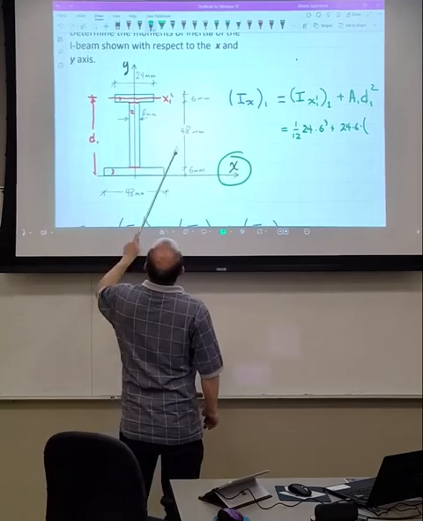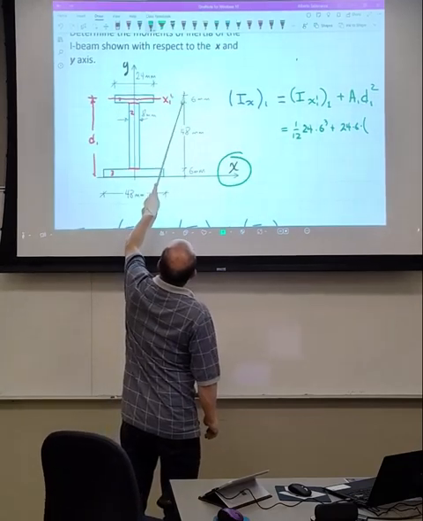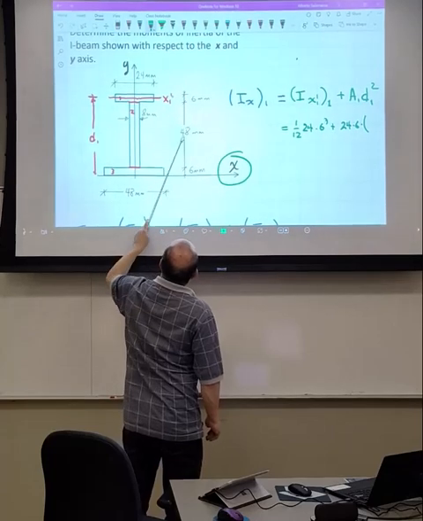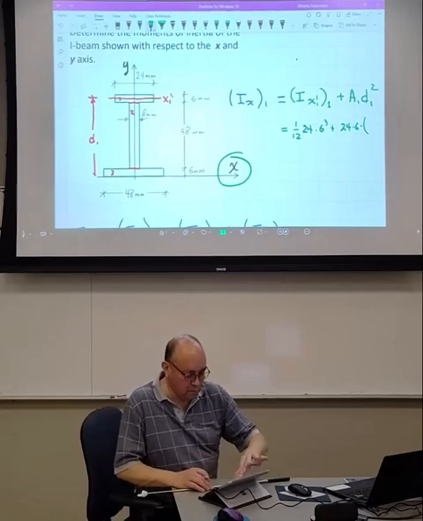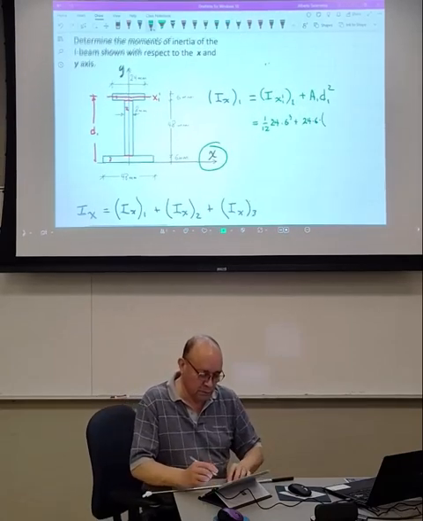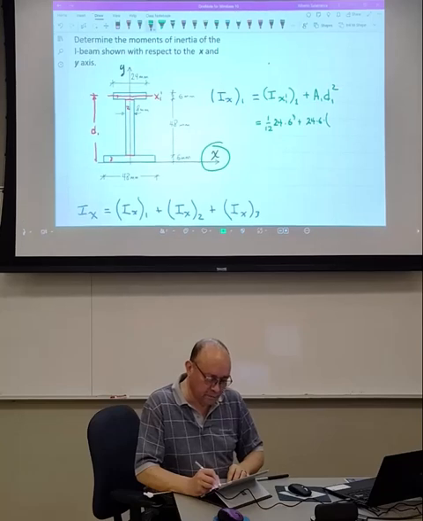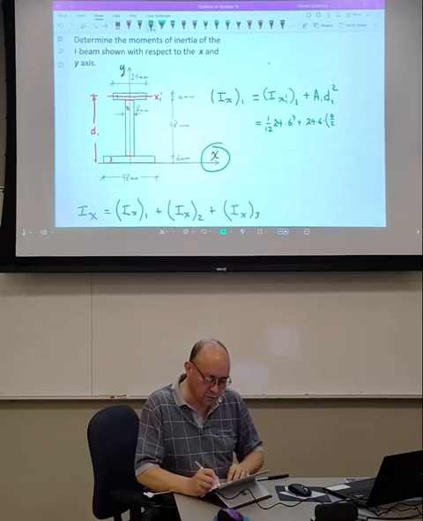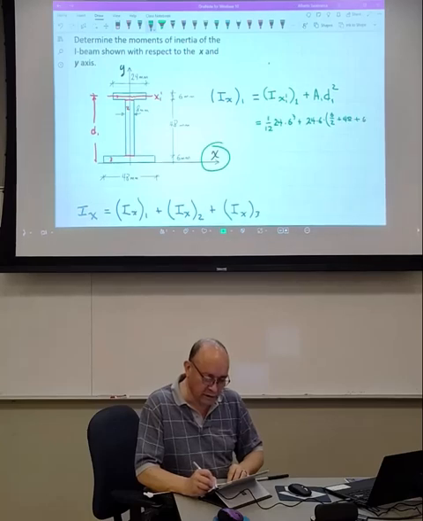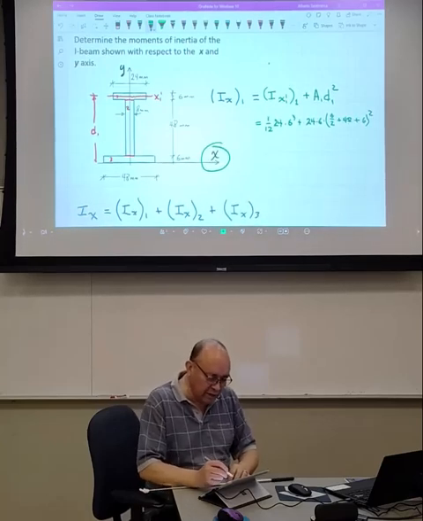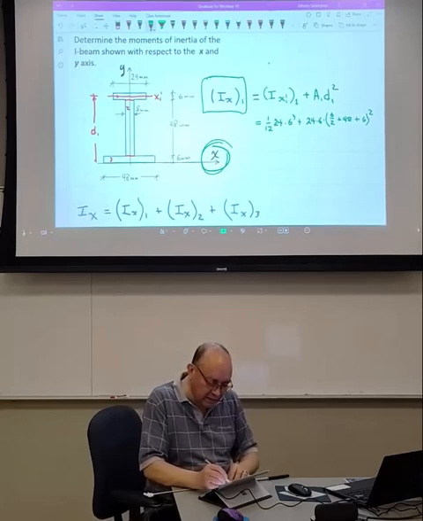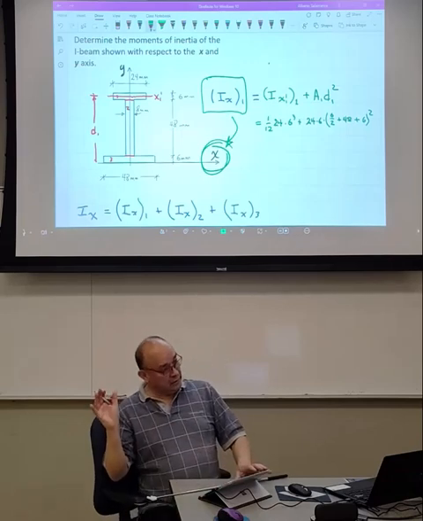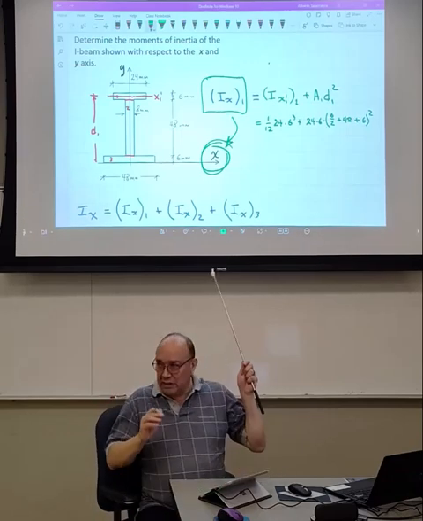So it's going to be 3, which is half of 6, plus 48, plus 6, squared. Then you have the moment of inertia of figure 1 with respect to the x-axis. Is that clear? Number 2 is the same.